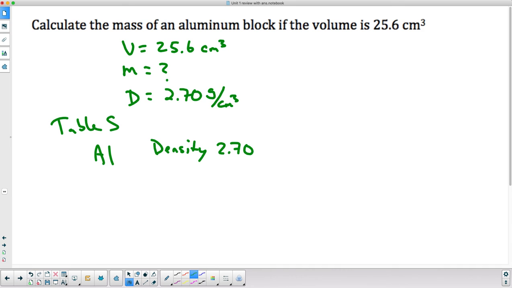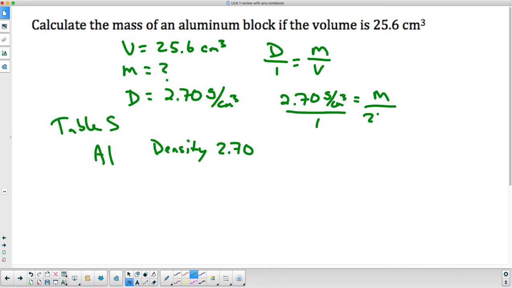So what do I do for this? Density over 1 equals mass over volume. So density is 2.7 grams per cubic centimeter over 1. Mass is what we're looking for, and the volume is 25.6 cubic centimeters. So I multiply these two, and I get mass equals 2.70 times 25.6.